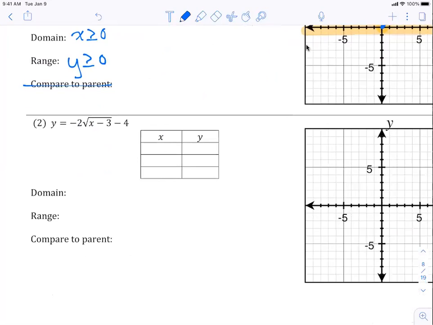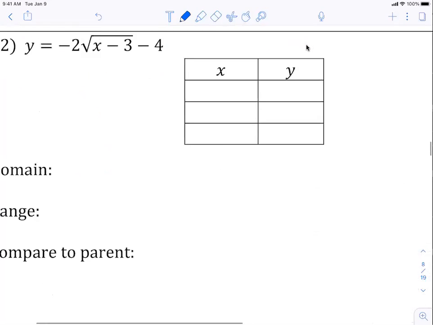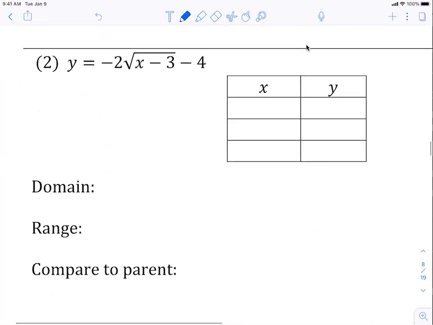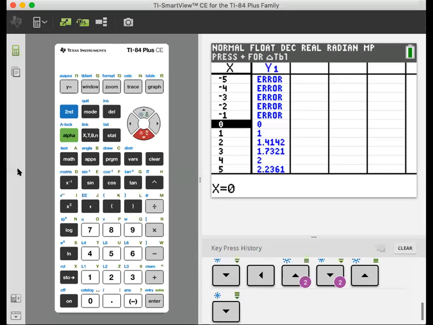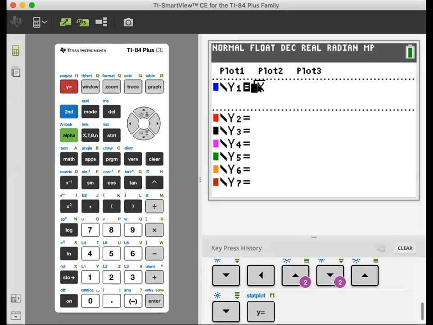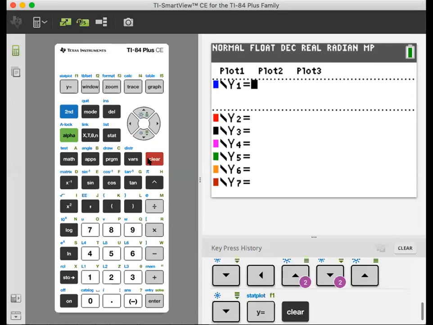So in example number 2, you guys are going to notice that there's a lot of fun things going on, but we're going to start as always by going to my graphing calculator and graphing it. So let's go back to the y equals function. Here I'm going to type in my function.